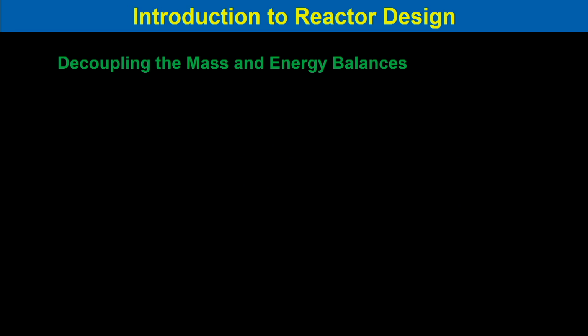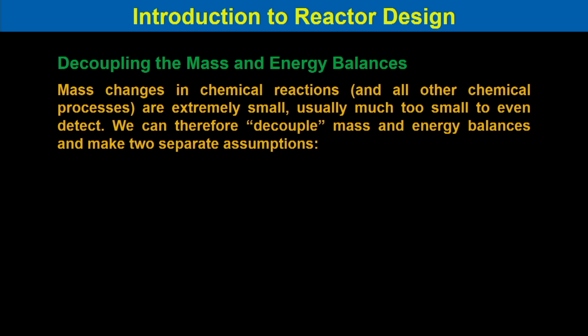Now, let us see the decoupling of mass and energy balances. What does it mean? Even for very highly exothermic chemical reactions, the mass changes in the chemical reactions are extremely small, usually much too small to even detect.